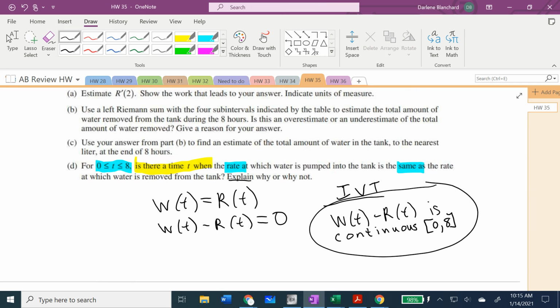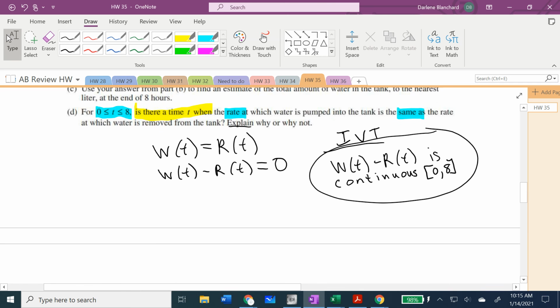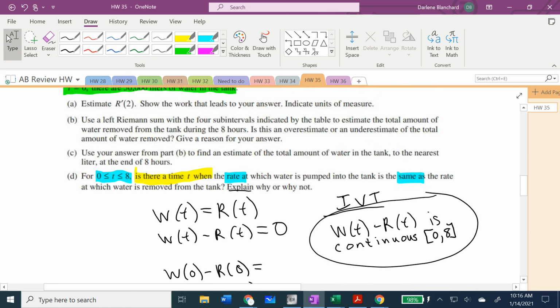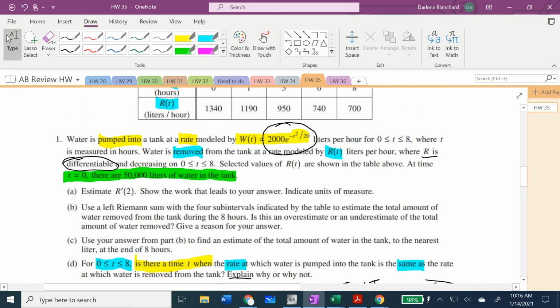Now, with that said, you're going to look at what is the subtraction at 0 and what is the subtraction at time 8. For the W function, you're going to let your calculator give you an answer. You're going to plug into this t a 0 and an 8, and you're going to write that number down.